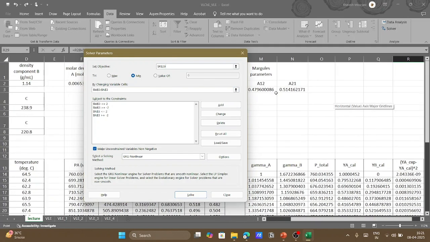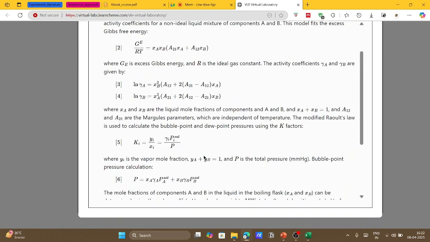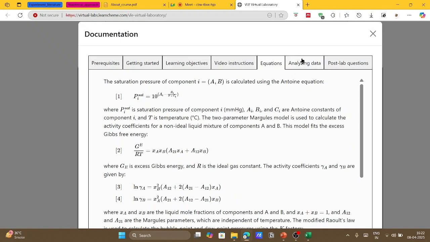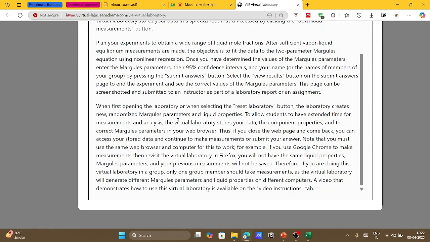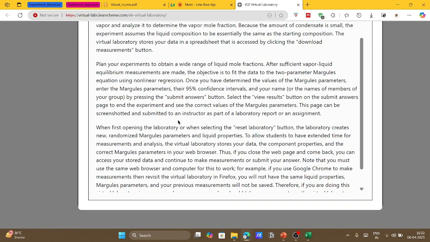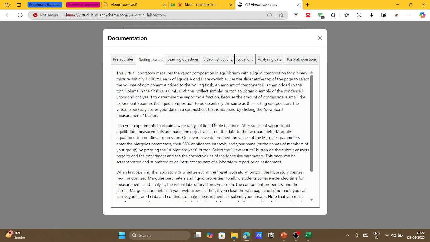So our variables will be the Margules parameters A12 and A21. So we want to change these two parameters. Now the Margules parameters vary between plus or minus 2.